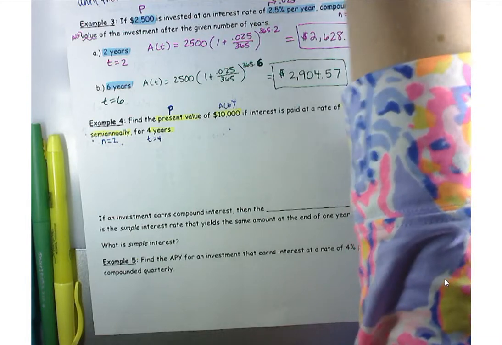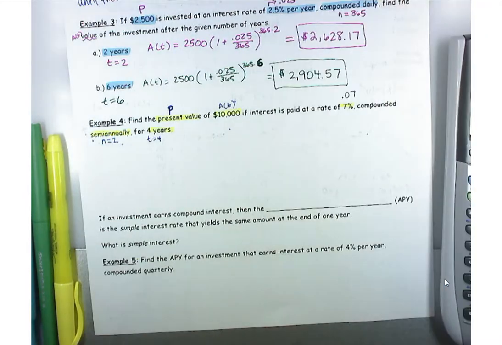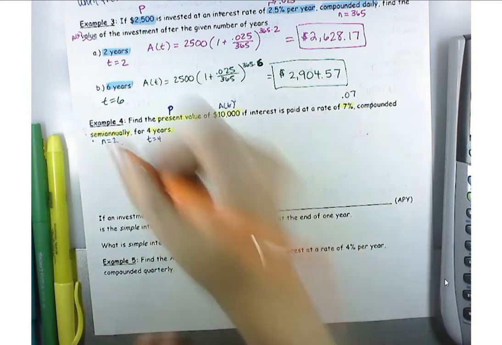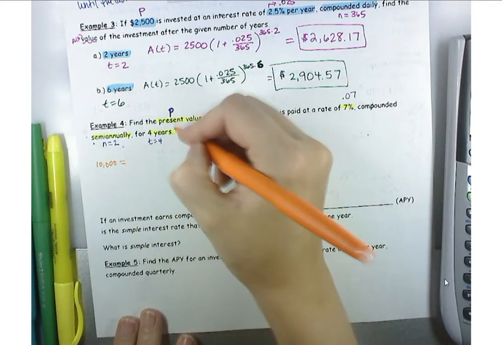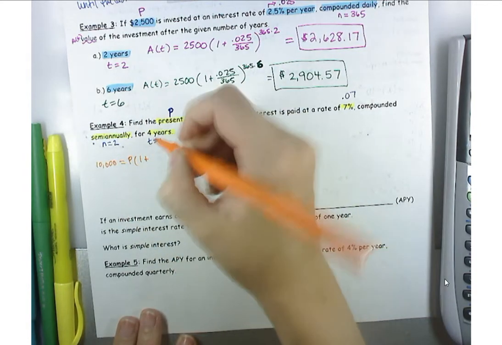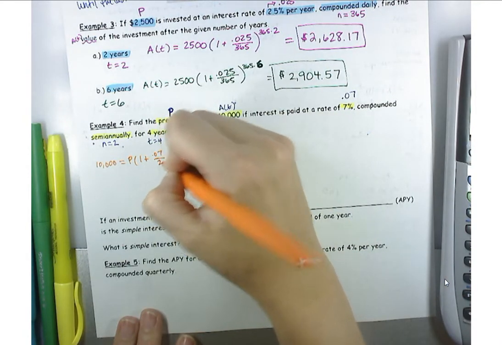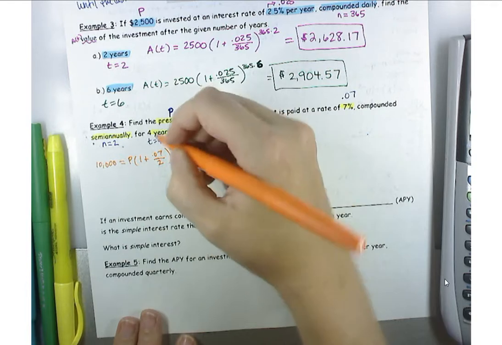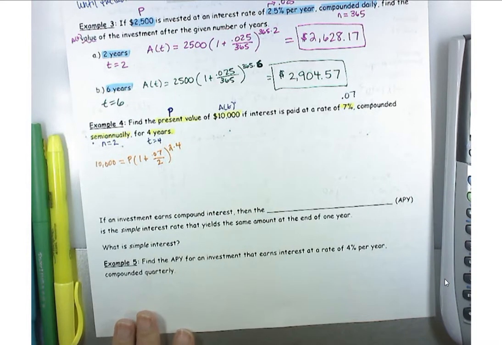Okay, so now let's try to set up this equation with our given values. So my A of T is 10,000. So 10,000 is going to equal P times 1 plus, my rate is 0.07 over semi-annually, so 2 times a year, and then 2 times 4 years.